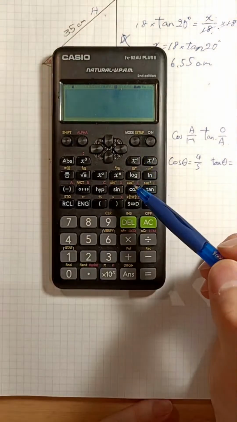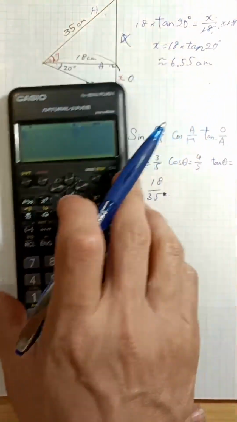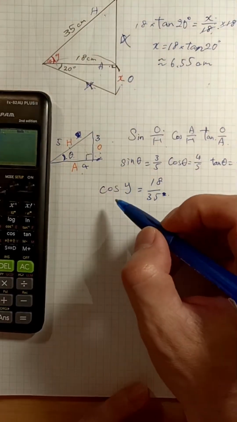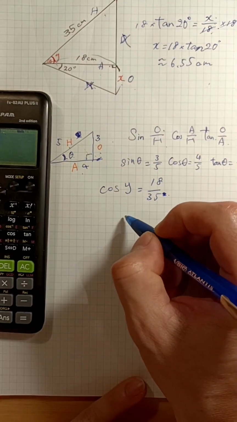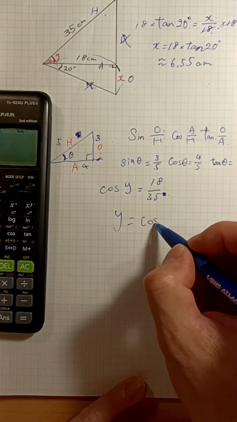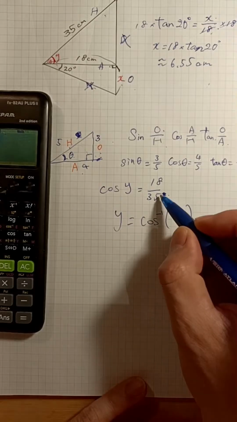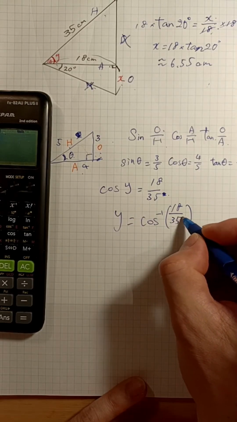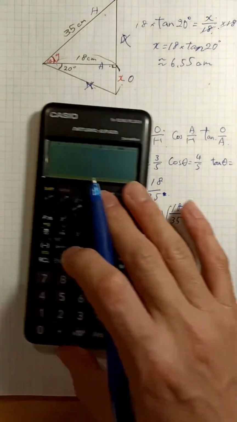If you use this one, you can find the degree. So to figure out y, it is cosine inverse, bracket, and you plug this value in. This one becomes a degree.